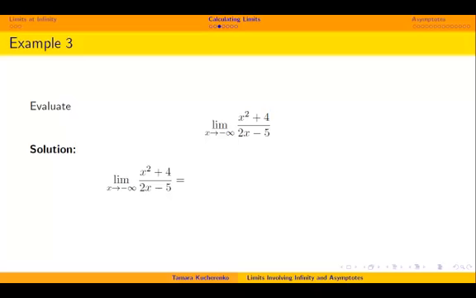Here the highest power of x in the denominator is 1. So we divide the numerator and the denominator by x. We obtain x plus 4 over x in the numerator and 2 minus 5 over x in the denominator.